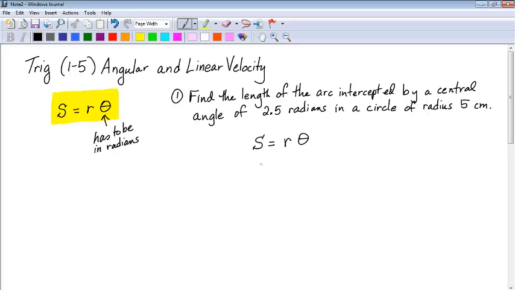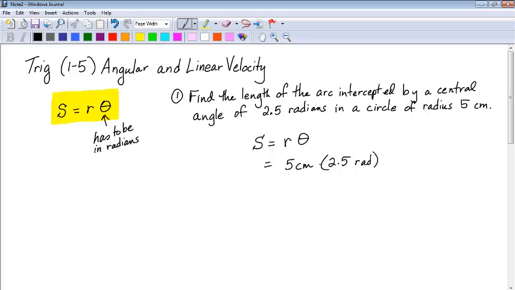They gave us the radius, 5, and this is in centimeters, times the angle. The angle was 2.5, and that's in radians. Put the units on there.